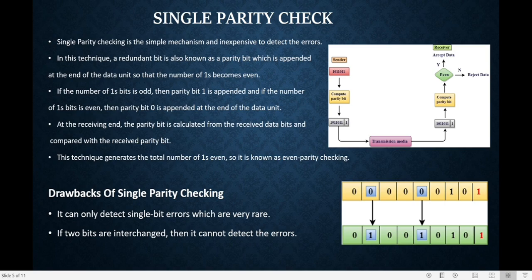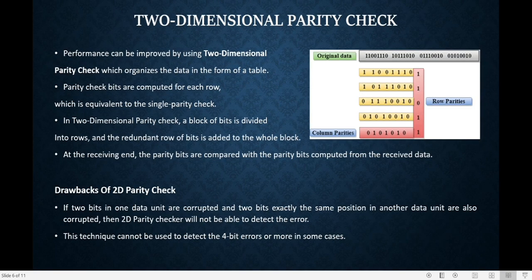The next technique is two-dimensional parity check. In two-dimensional parity check, bits are calculated for each row, which is equivalent to a simple parity check bit. Parity check bits are also calculated for all columns, then both are sent along with the data.